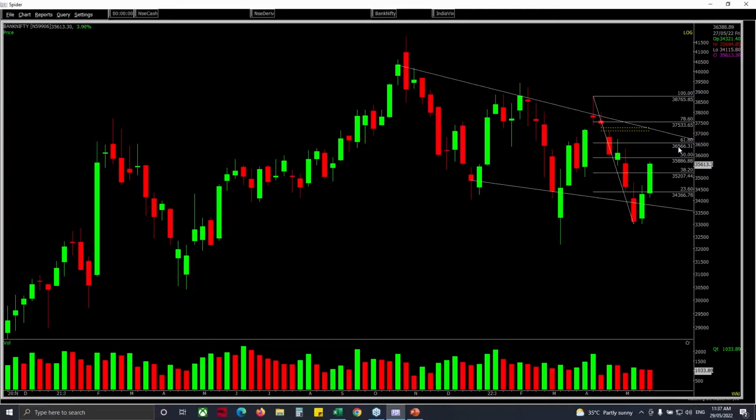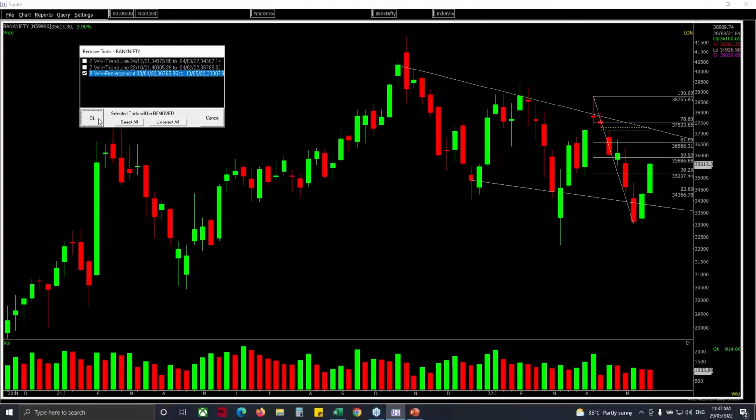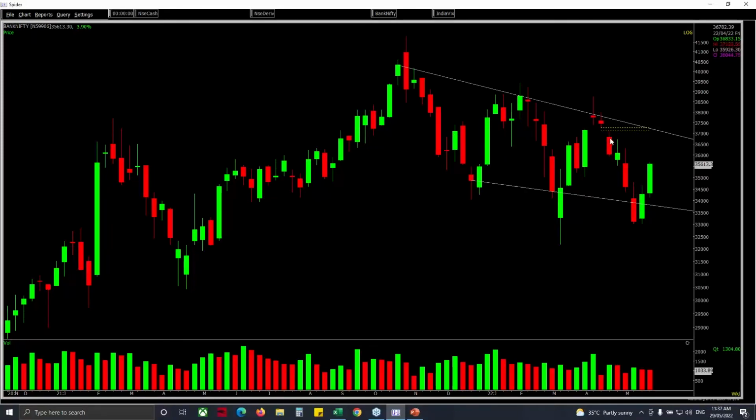Sorry, I'm extremely sorry, I misspoke earlier. Anything above that, then there is a gap between 37,125 and 37,650 upwards, which might come into play in coming days above 36,800.